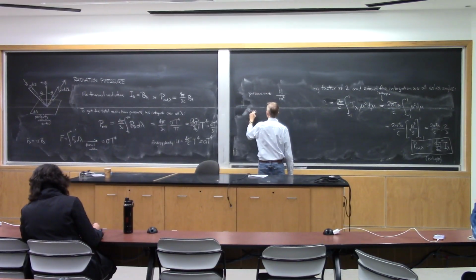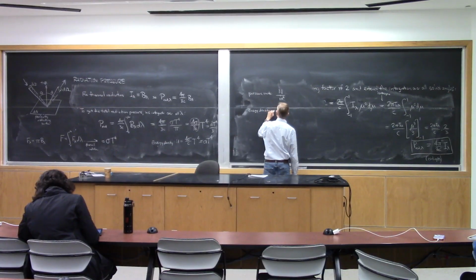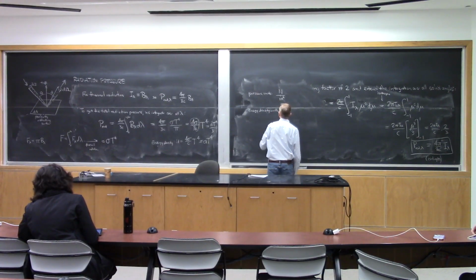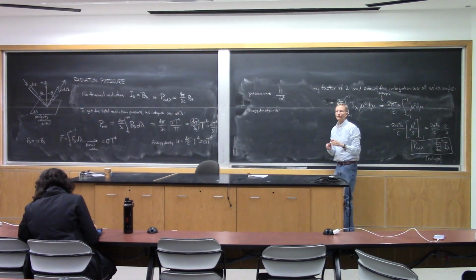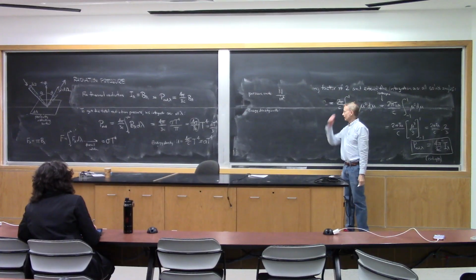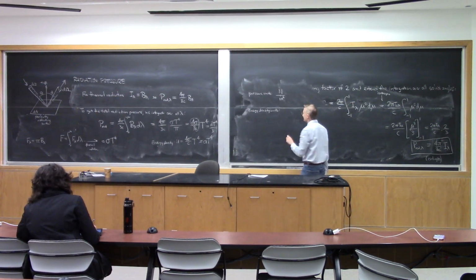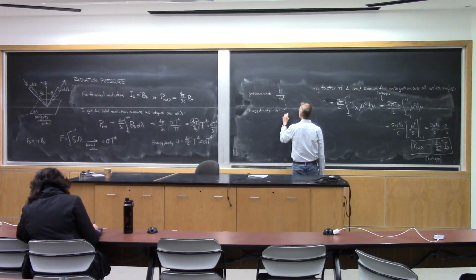What are energy density units? What's energy in SI? Joules. And what's volume? Because it's a density. Joules per cubic meter.